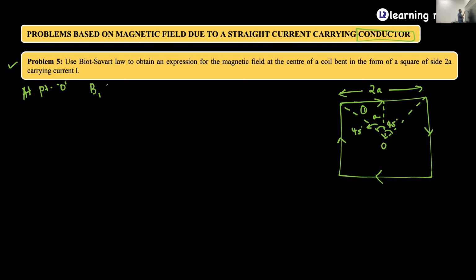What is the magnetic field due to the first conductor? It is going to be mu naught into I divided by 4 pi into the perpendicular distance. What is the perpendicular distance from the conductor to the point? It is A. Sine of 45 plus sine 45.